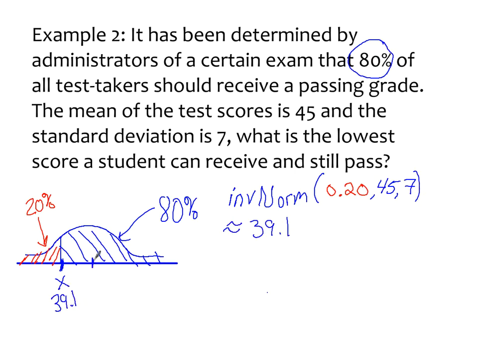Recall that the mean was, again, 45. And so we can see that's about, not quite a standard deviation below. Does that make sense? Recall that half of the values lie above the mean, so 50% is over here.